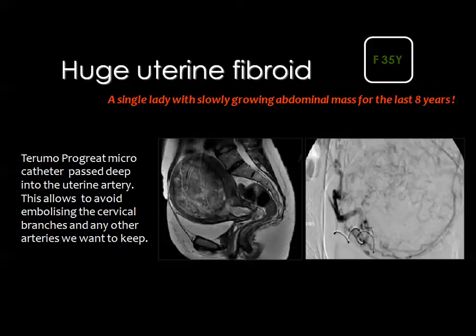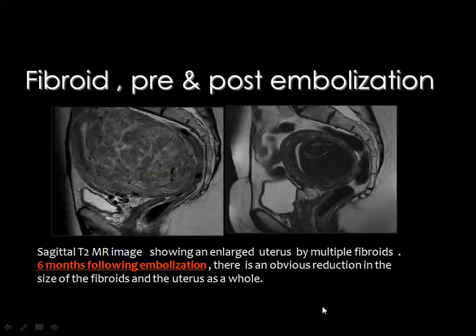Then one of the management procedures for uterine fibroids, which are big, is to do a selective embolization of the uterine artery. And in cases of big uterine fibroids, where you want to decrease the size or let this fibroid shrink, you may embolize the feeding artery.